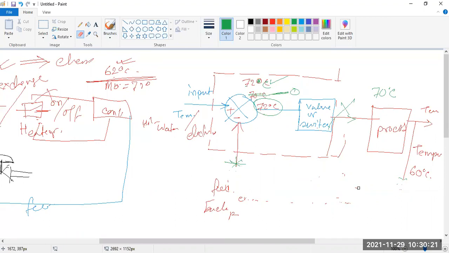But as a feedback path is there, the circuit is closed and goes on in a loop. That's why it is called closed loop control. In your next class you will find the open loop control system, and I will give you some examples.